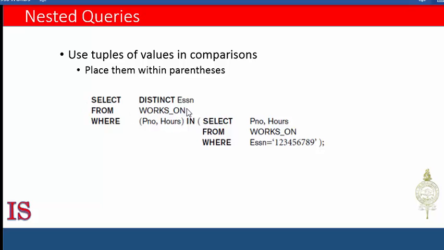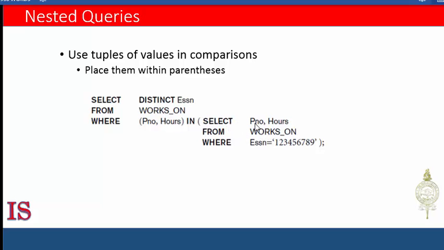SELECT DISTINCT ESSN. We recall from a previous lecture that the DISTINCT clause is used to prevent duplicates, from WORKS_ON where (project number, hours) IN, so that's pulling out of a range of values, and it's used in another select query to retrieve that range of values.